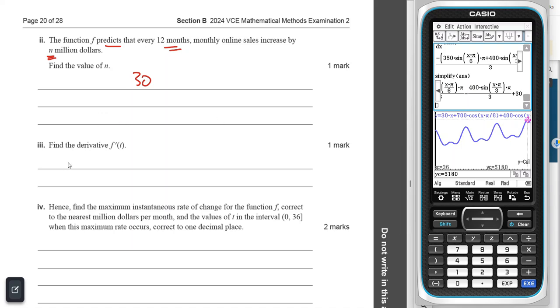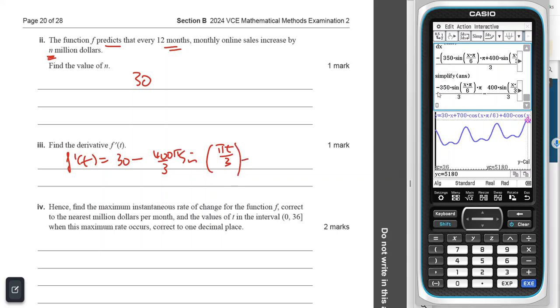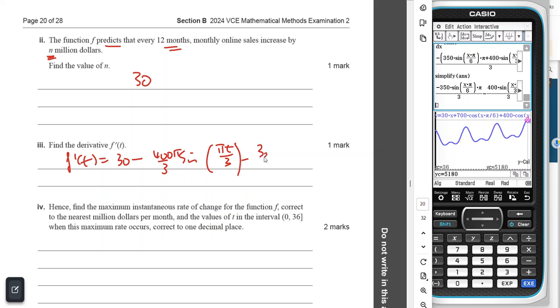So I've got f dash of t equals 30 minus 400 on 3 sine of pi t on 3, and I'll put a pi in there, minus 350 pi on 3 sine of t pi on 6.